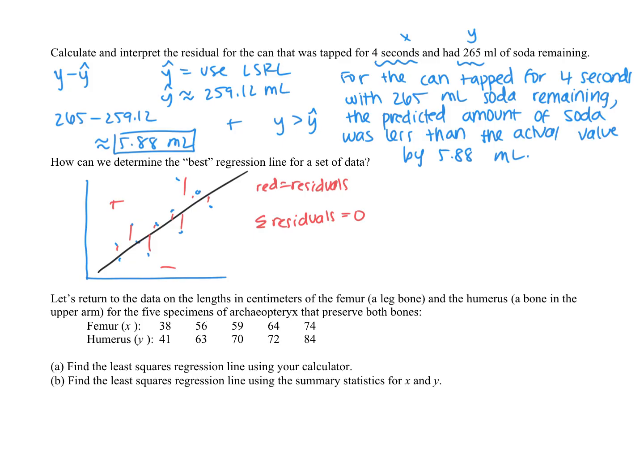So what we do instead is we take all of those residuals and we square them like we do in standard deviation, and we sum them up. The line of best fit is where that sum is the smallest. So we adjust this line so that when we find all of these residuals and square them and sum them up, we're going to get the smallest. We're not actually going to do that, but that is what the calculator is doing on the back end.